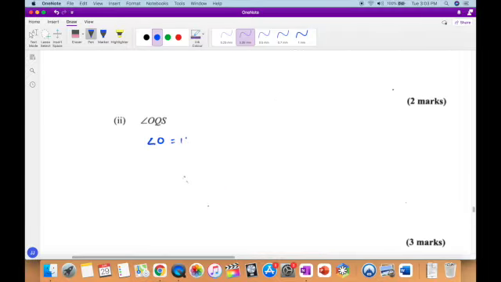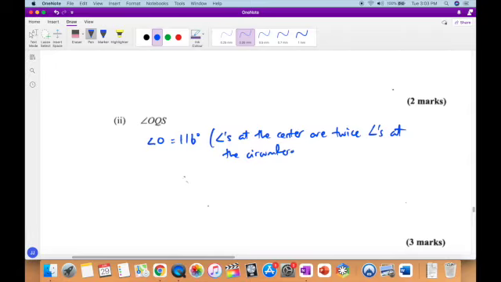Angle O is equal to 116 degrees because angles at the center are twice angles at the circumference subtended by the same chord. Yes, you do have to write all of this out.